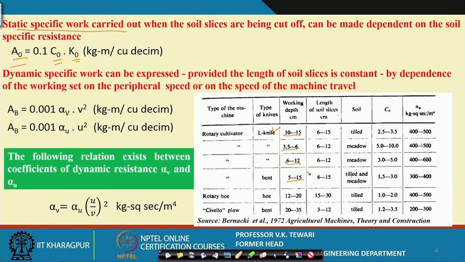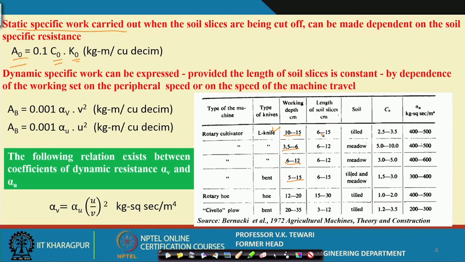We can find out the soil slices; we have already obtained them in our previous lectures. So, we know how to get those soil slices using the various parameters. The length of the soil slices will have a dependence on the total draft requirement, or the total volume of soil which is actually being handled by the power source. So, it is very important.